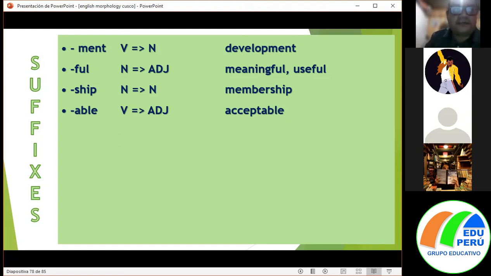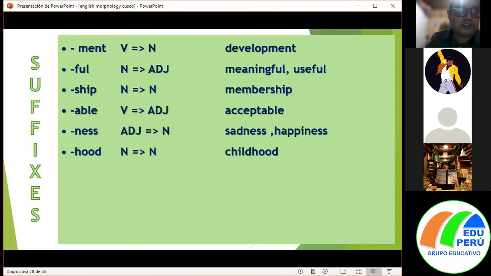-able, from verbs to adjectives. Accept, acceptable. -ness, as we have seen before, from adjectives to nouns. Sad, sadness. Happy, happiness. -hood, from noun to noun.